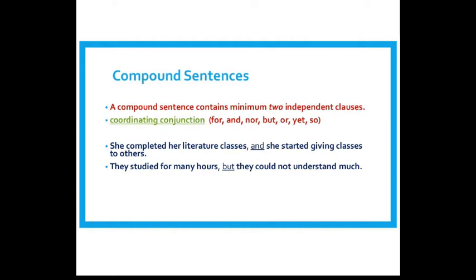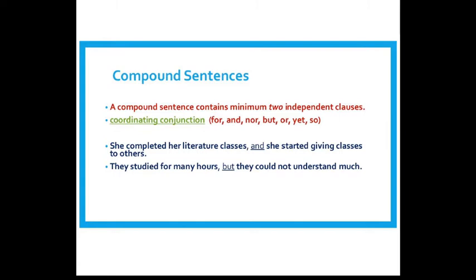Let's move forward. Here we can see compound sentences. What is a compound sentence? A compound sentence contains a minimum of two independent clauses, joined by a coordinating conjunction: for, and, nor, but, or, yet, so. Adding these conjunctions we can make a compound sentence.